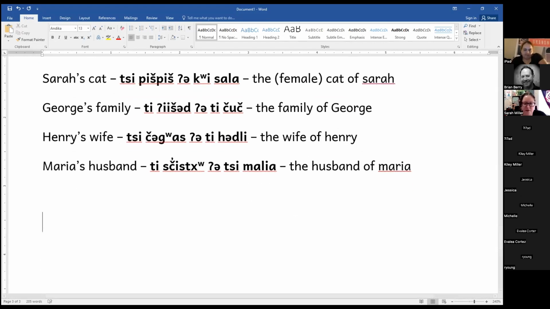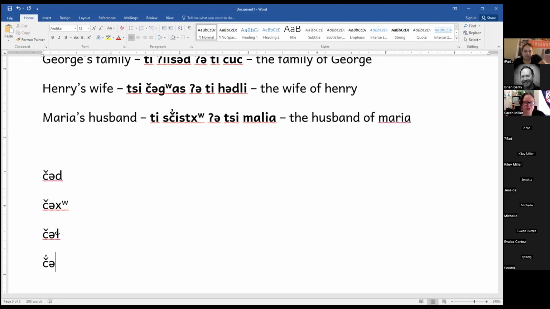So now let's go to some words that we were introduced to last week, the ch words.